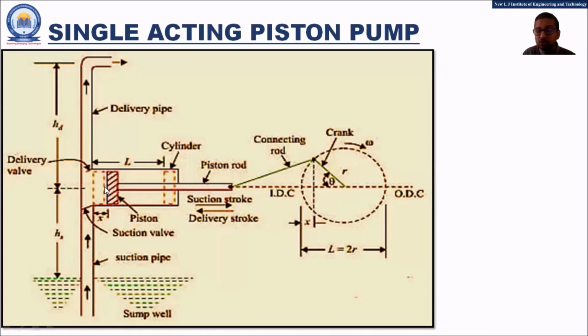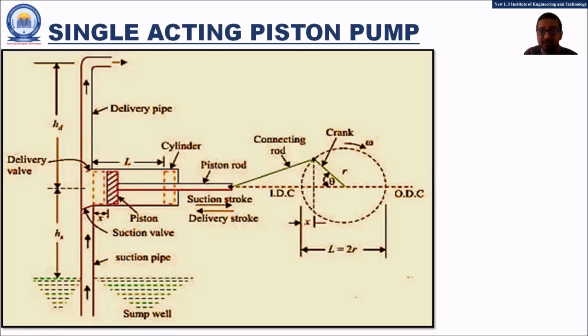As the piston is moving from left to right, on the back side of the piston, the vacuum will be created, the pressure difference will be created, and because of this pressure difference, the suction valve will be automatically opened and the liquid from the suction tank will be transferred to the cylinder.